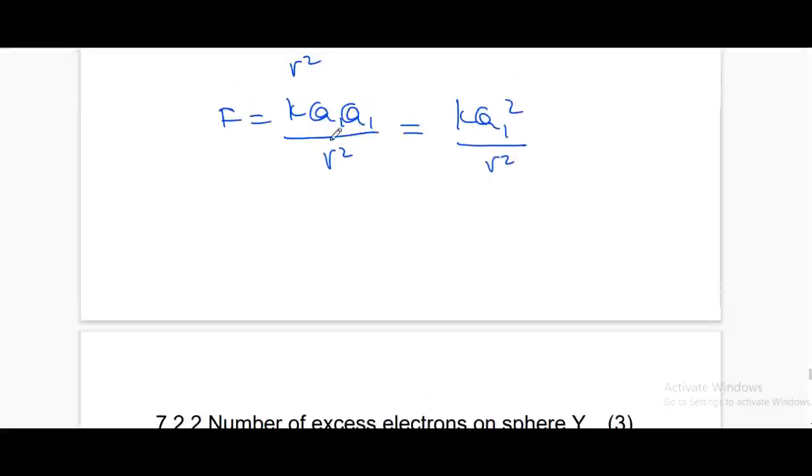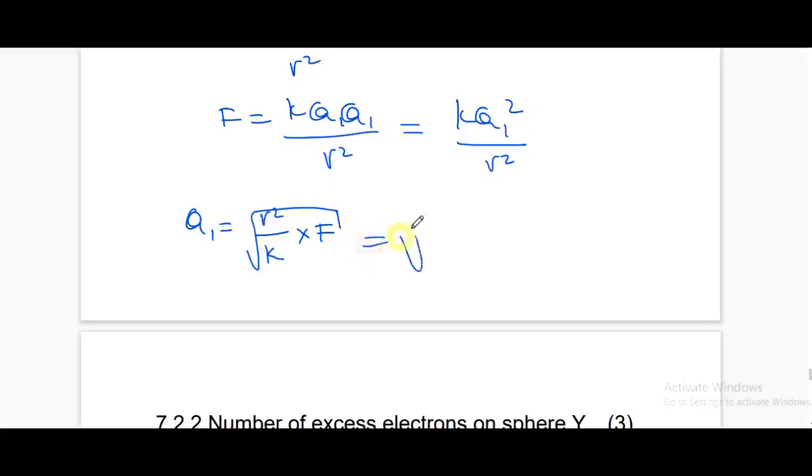Let's make Q1 the subject of the formula. So Q1 is going to be the square root of r squared over k multiplied by F. Because if I multiply both sides by the reciprocal of this, it will remove this, and then I introduce the square root on both sides to get that.